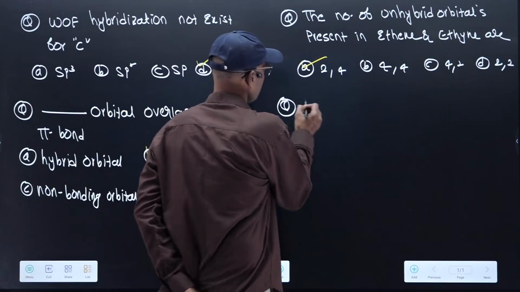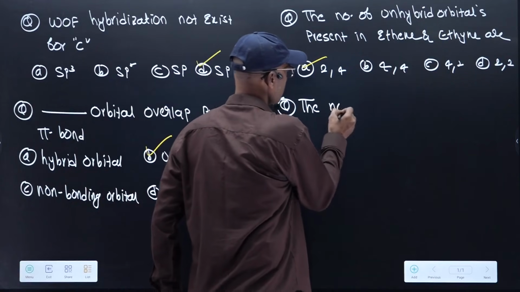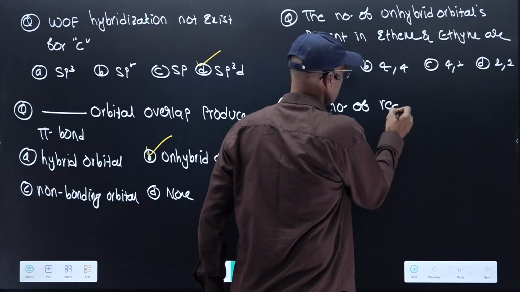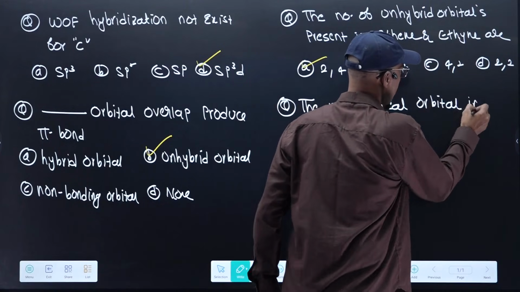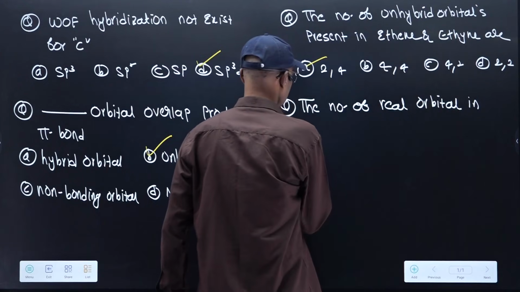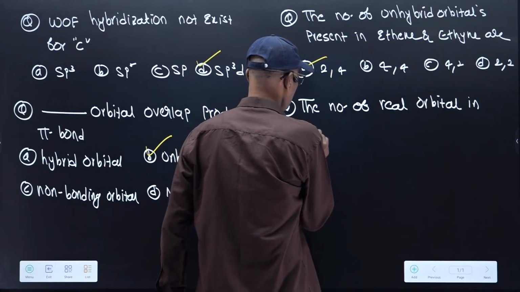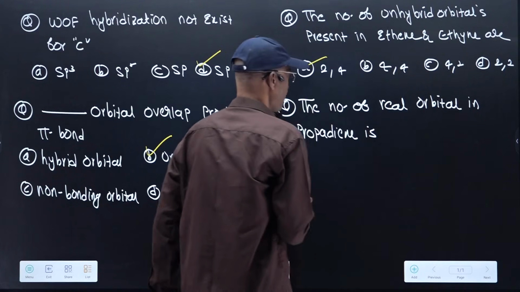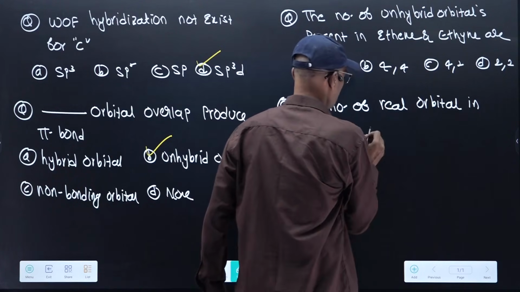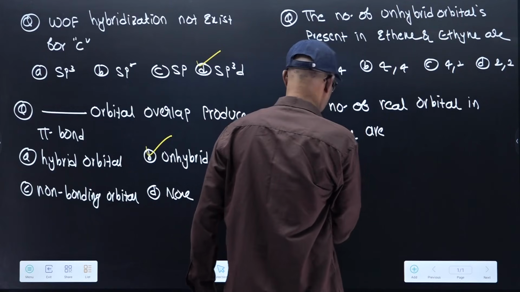Next, the number of real orbitals in propadiene. How many real orbitals are present in propadiene? Options: 4, 6, 2, or 8. How many real orbitals are present in propadiene?